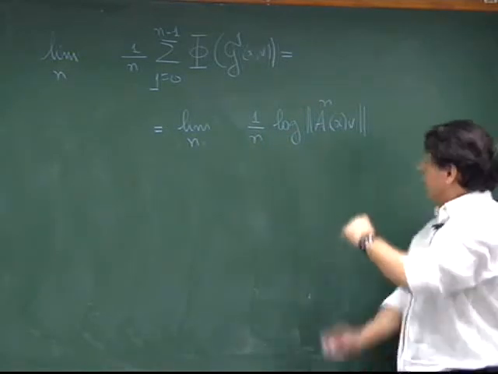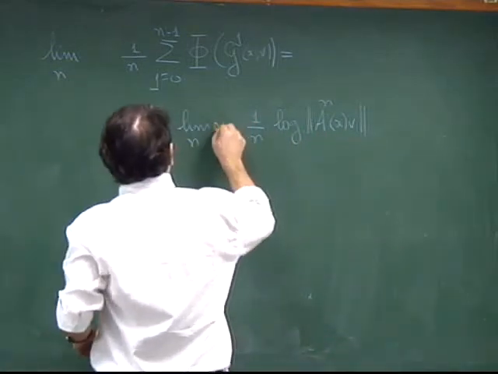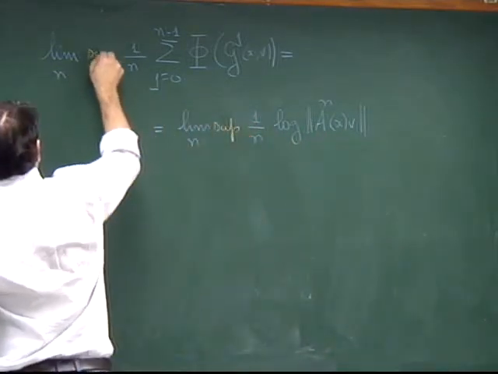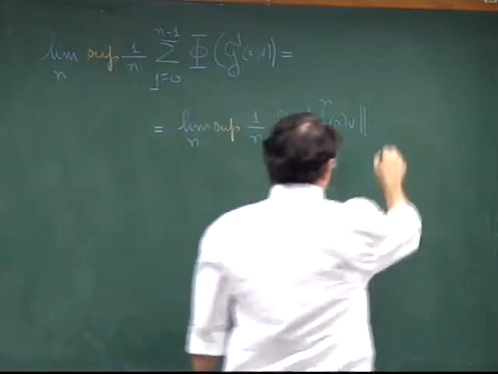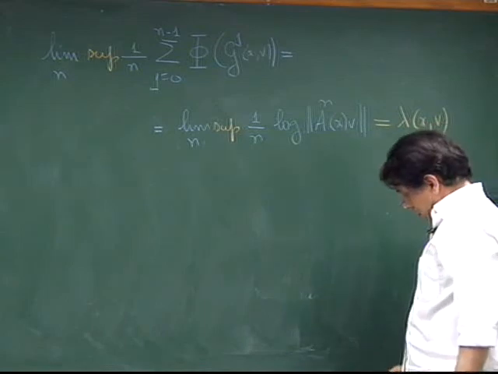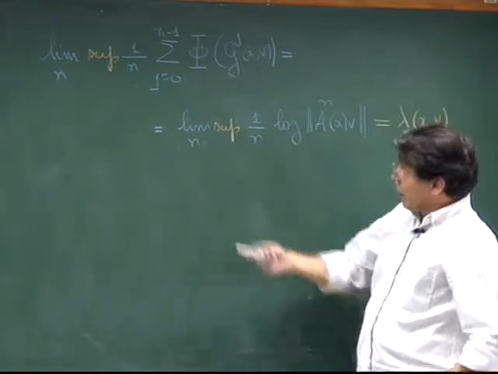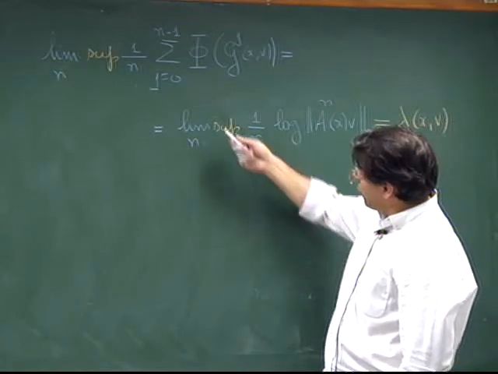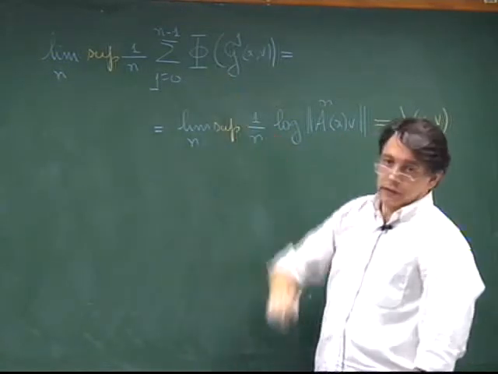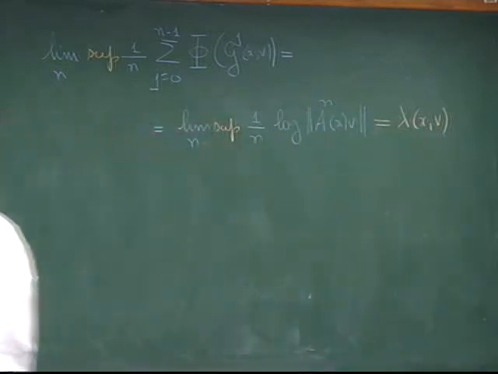What we know at this point, unfortunately, is that the limsup exists, and this is lambda of (x, v). So to prove that this is a limit, what we have to do is argue that this limit here exists. And that's where the ergodic theorem is going to help us. So this is one observation.